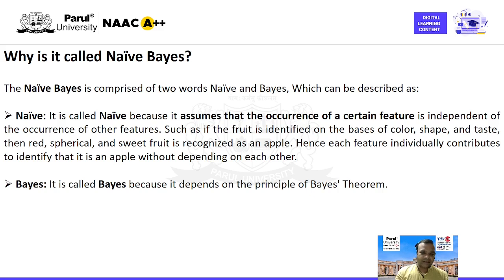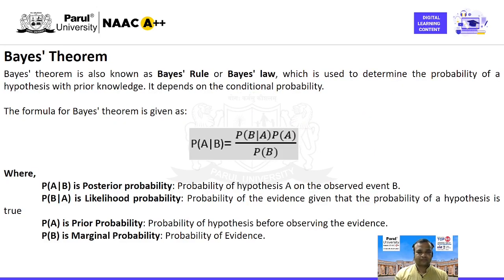It is called Bayes because it depends on the principle of Bayes theorem. What does Bayes theorem say? I already told you, this is the basic theorem we discussed in 10th standard schooling time.